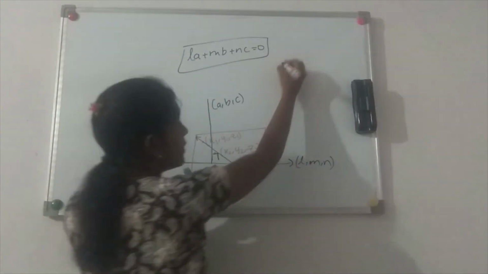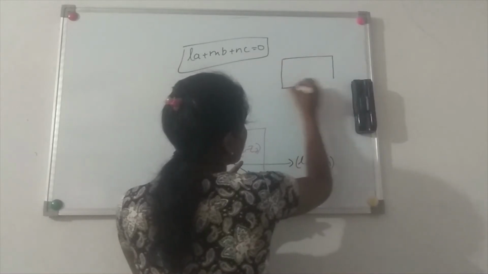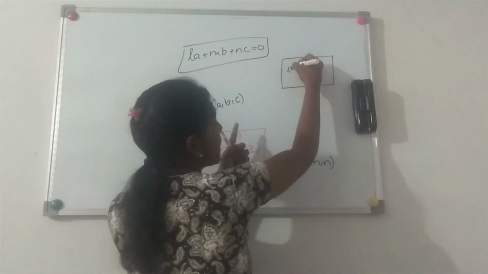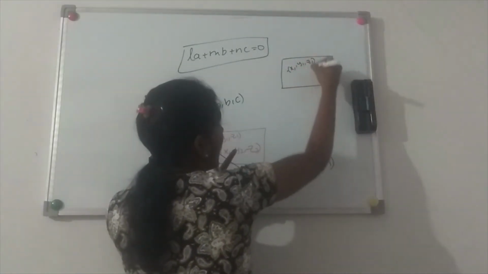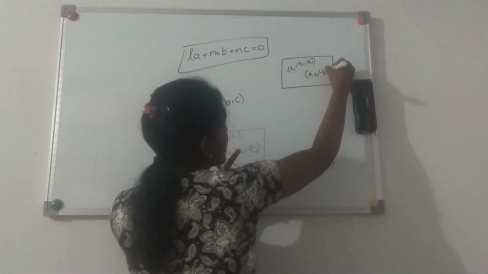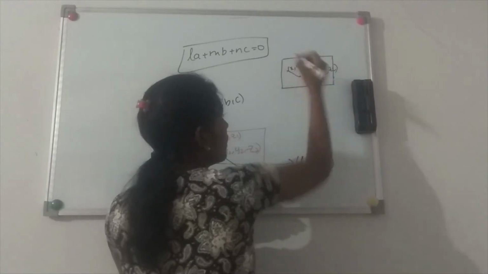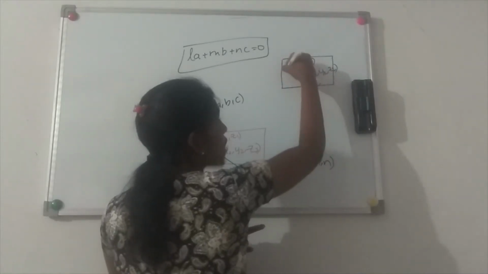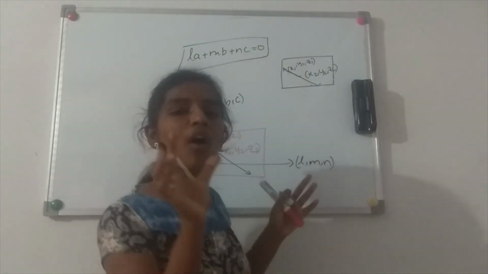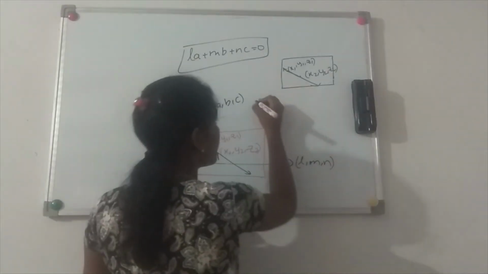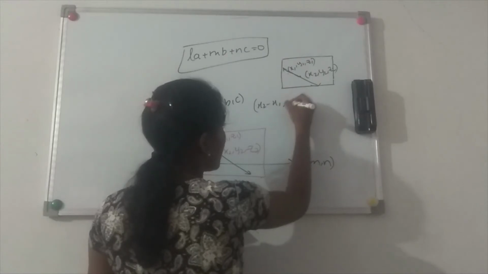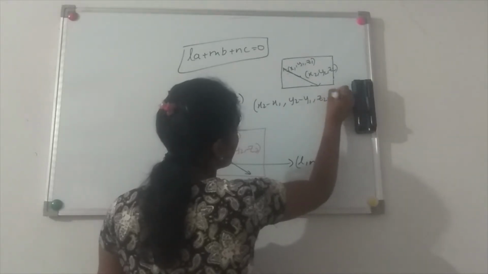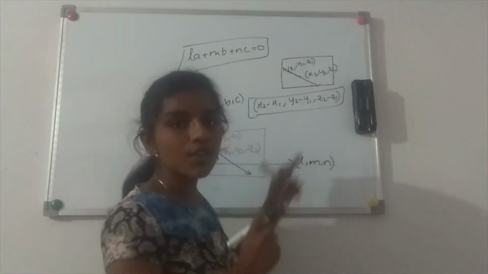If there is one plane, and there are 2 points on the plane, x1, y1, z1 and x2, y2, z2, and you want to find the DRs of the line joining these 2 points, you have a very small formula: x2 minus x1, y2 minus y1, z2 minus z1. This will be the DRs of that line.